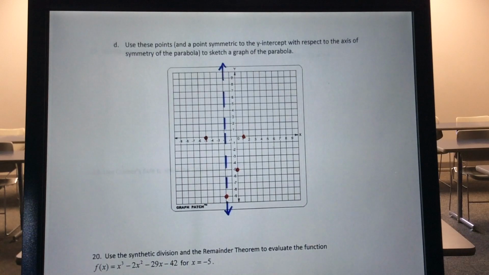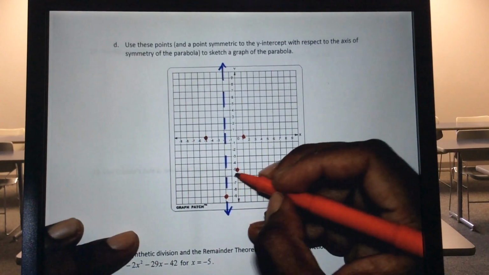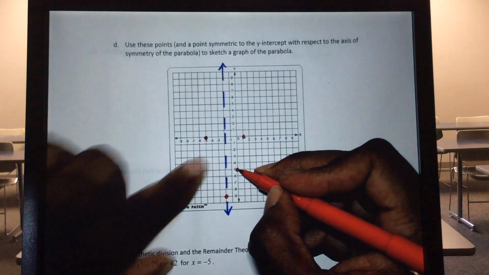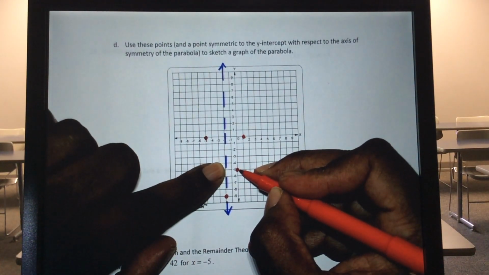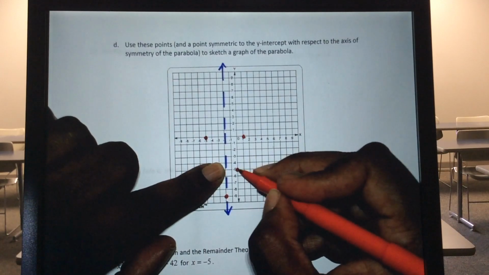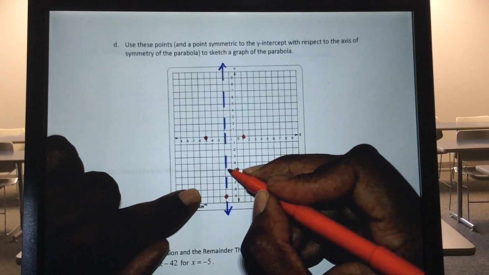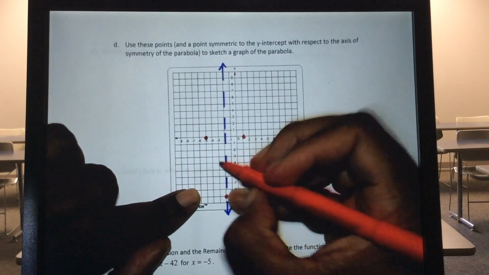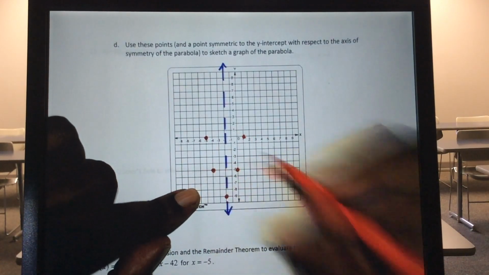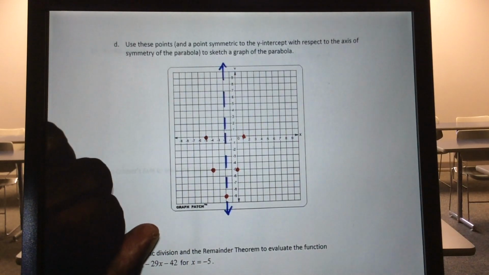Now, to get another point that will make this a smooth curve, I'm going to check the distance from this y-intercept to this axis of symmetry. That's 2 places to the right. So the other point on this side has to be 2 places to the left. So it's going to end up right here with the same y-coordinate.